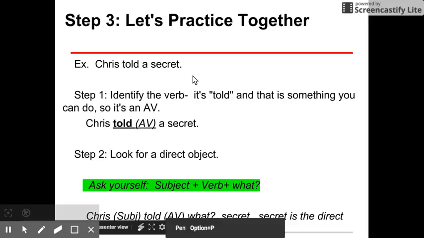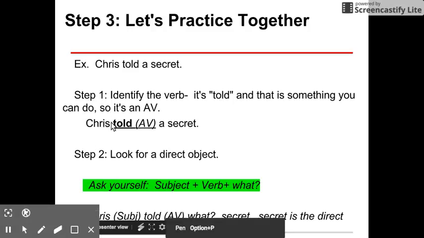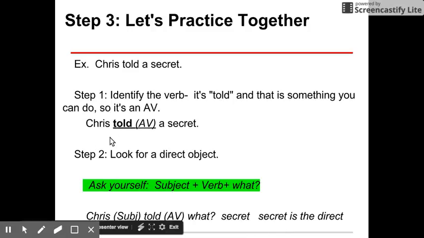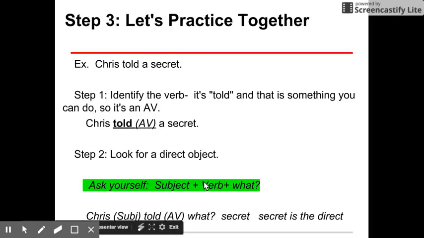Chris told a secret. So step 1 is underline and label the verb: told, and it's an action verb. Step 2, you would draw the mast, and the mast would go right in here between Chris and told. Then you've got to go for step 3, ask the question. So you would say subject plus verb plus what. But you don't just say subject.